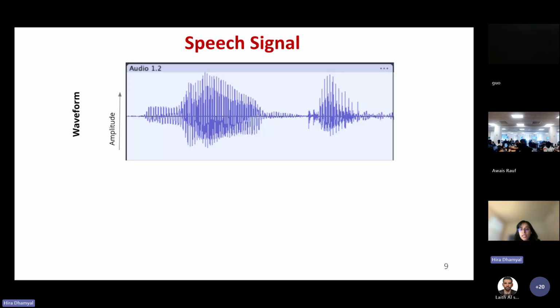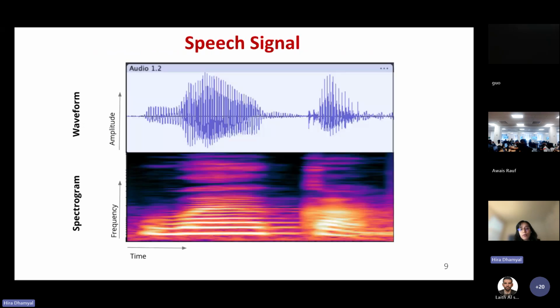So this is an example of the same waveform, and this is the example of the spectrogram, which is the frequency-time dimension of it. On the y-axis, you see frequencies, and the highlighted portions show how much of that frequency is present in the signal. And this is so informative that sometimes people who are trained at looking at spectrograms can just look at a spectrogram and tell what the person is saying.